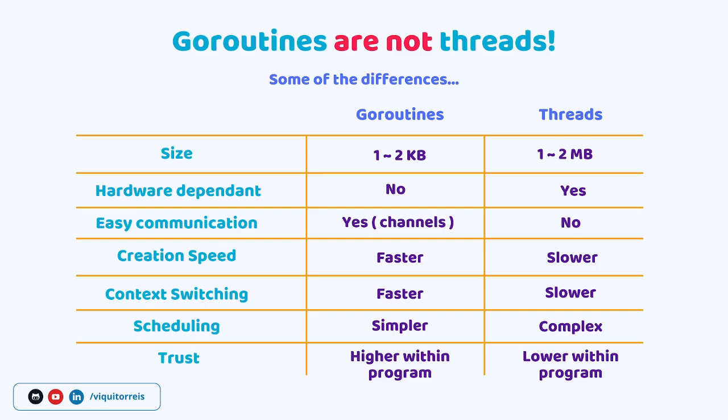Trust, the lack of trust is really worth paying more attention to. So the Go runtime makes several assumptions about your software. It assumes that goroutines will behave well since they are part of the same program, and this program is compiled by a trusted compiler. So the Go runtime avoids many of the safety checks and overhead to improve performance.